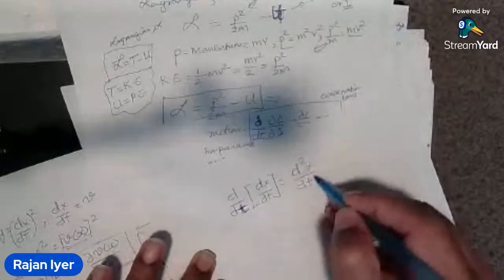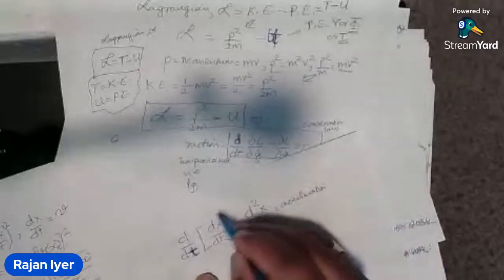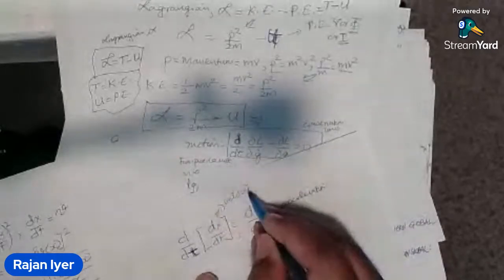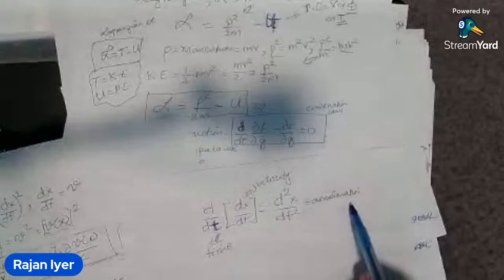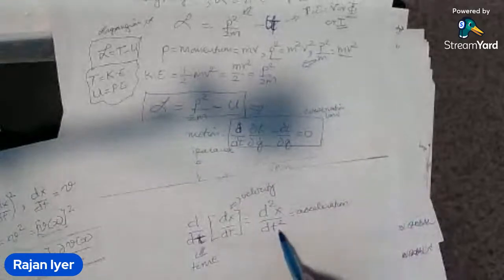This is the acceleration. And this is the velocity, and this is the time. So if you differentiate velocity with respect to time, we get acceleration. That becomes d square x by dt squared.